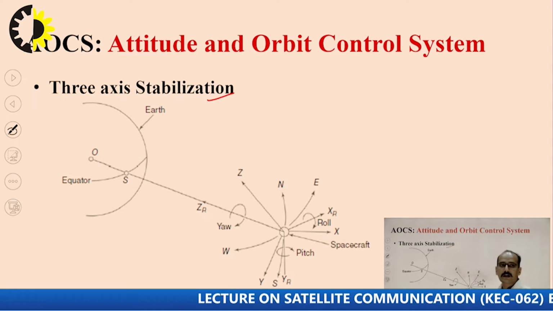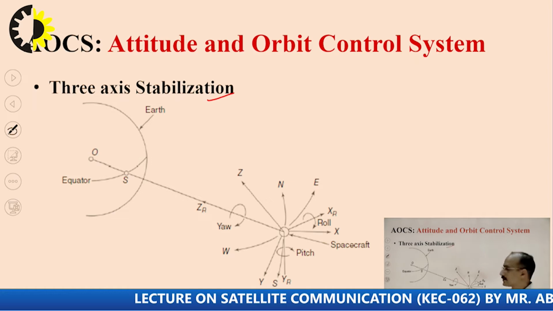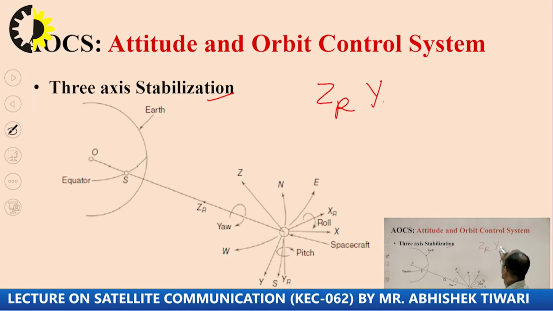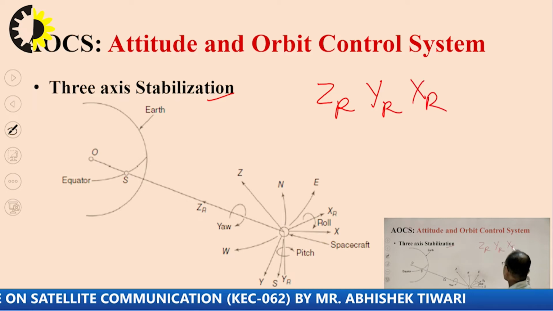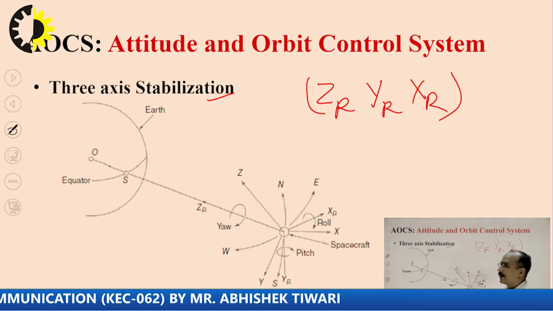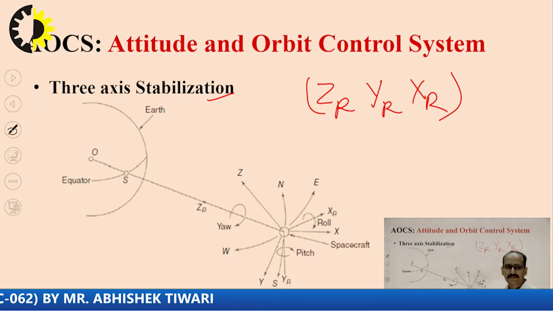First one is the Cartesian coordinate system, that is denoted by ZR, YR and XR. These 3 coordinates are related to the Earth distance and for the satellite.